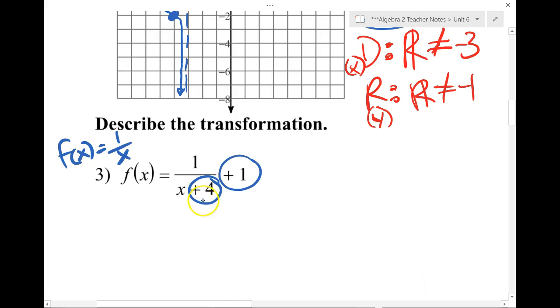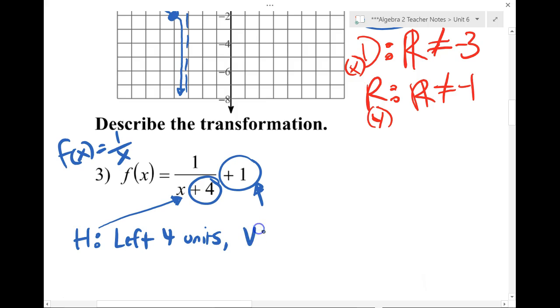Well, I know that x is a liar, and so if I'm looking at a horizontal shift, the horizontal shift we find by looking at our denominator, and x is a liar, so if it's plus 4, that means it's going to go to the left 4 units. And then for the vertical, we find that by looking out here, outside of the parent function, by whatever we add or subtract to it, and the vertical will be up 1 unit.